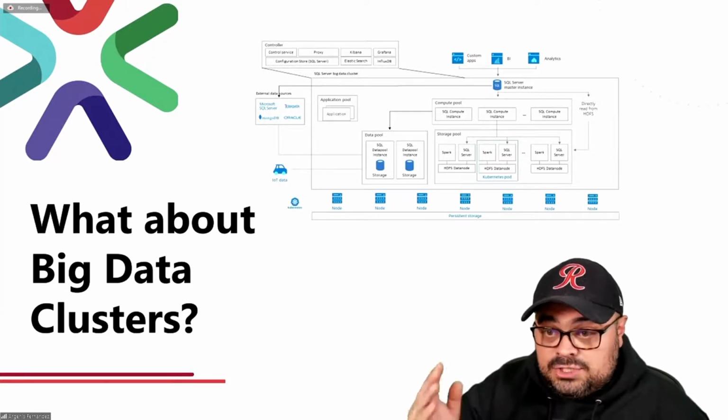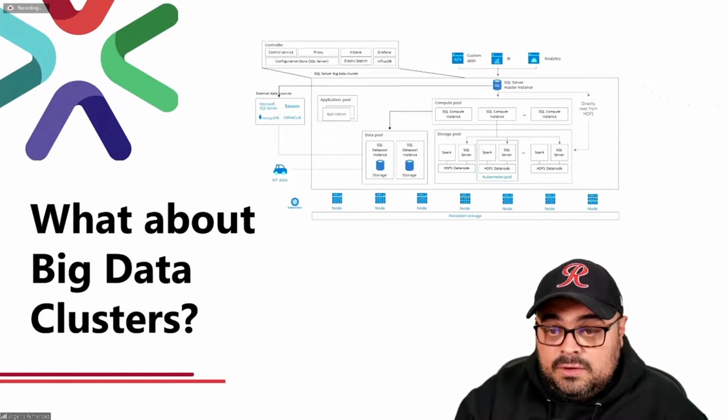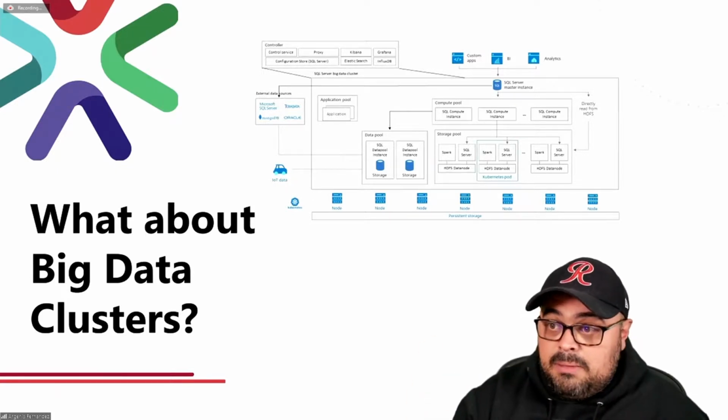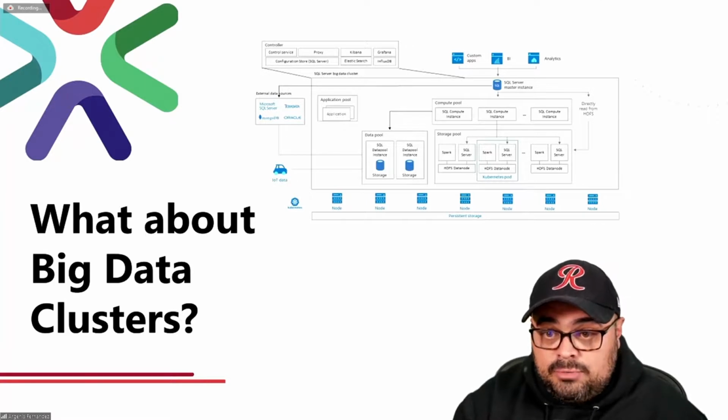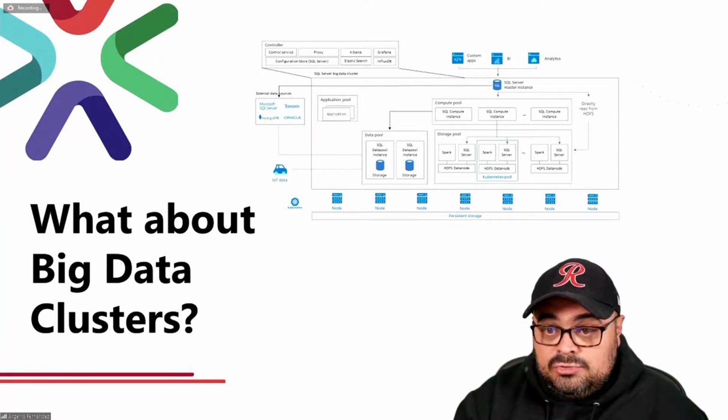Maybe you're okay with some of the Kubernetes nodes for your big data clusters using PCIe attached storage. Maybe you want to put some persistent memory into your master instance, right? And use that for a given portion of your big data cluster, because maybe your workload will benefit from that.